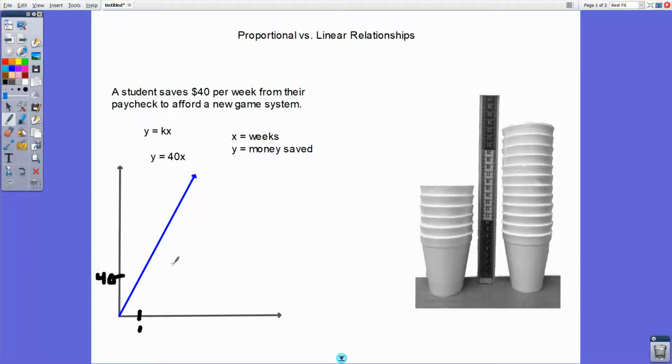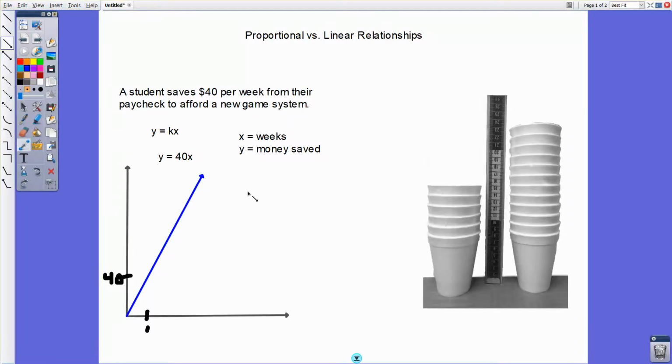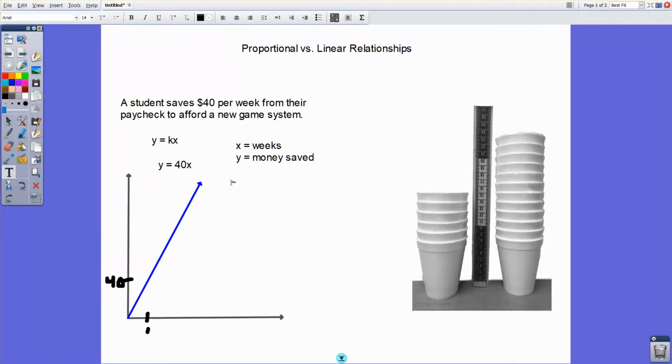Now, a couple of key ideas with proportional relationships. Number one is that it's in the format of y equals kx, and it is always a graph that starts and goes through the origin. We also think about proportional relationships typically with positive values, although technically it is possible to have a negative k and have a graph that doesn't go through the first quadrant but still goes through the origin.